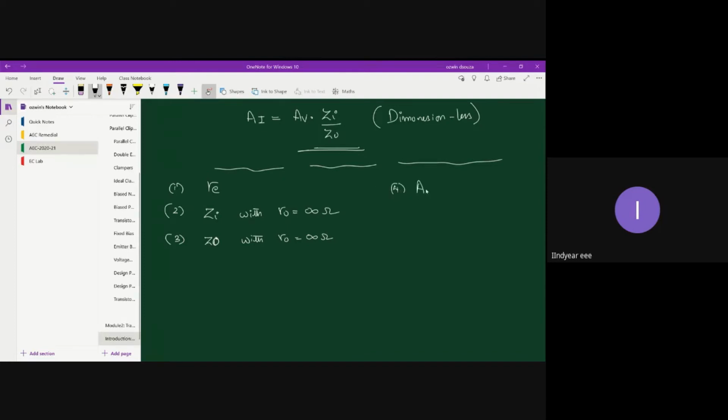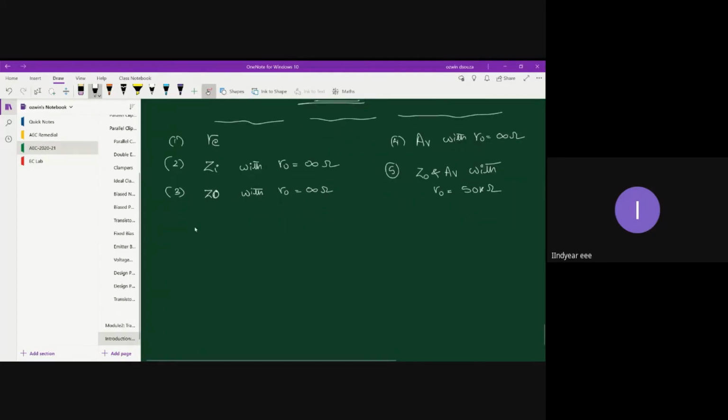Fourth, AV with ro equal to infinity ohms. Fifth one, Zo and AV with ro equal to 50 kilo ohms. And compare the results.